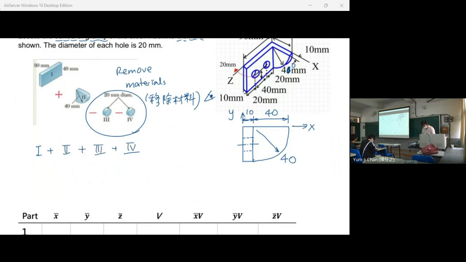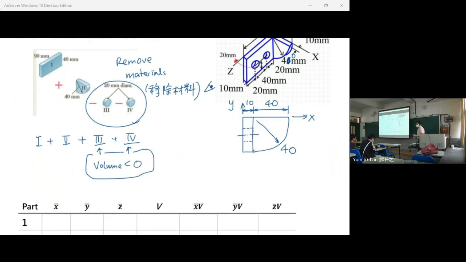And for these two shapes, the volume will be smaller than 0. That is, I add negative volumes to these two shapes.